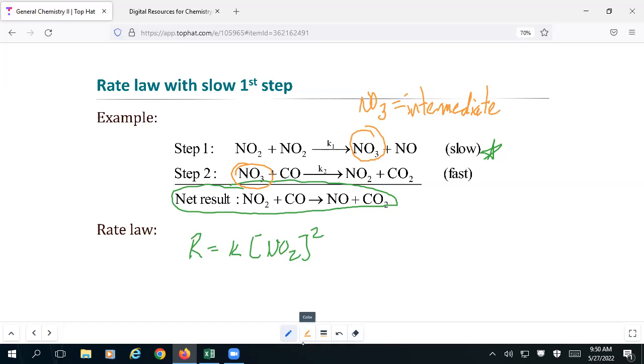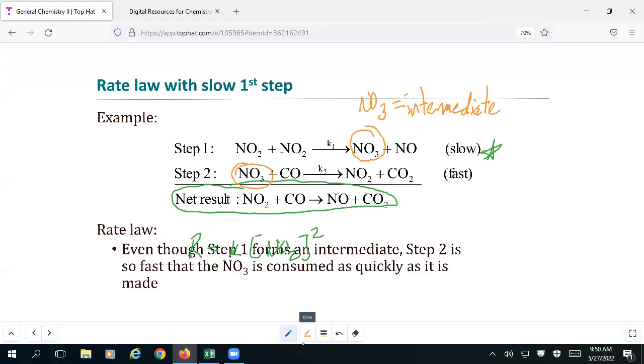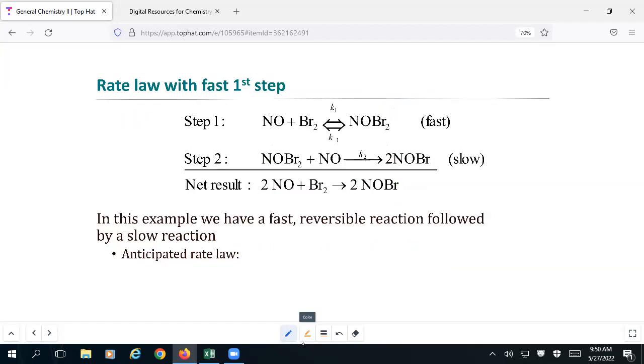So if we have a slow first step, it's very easy to convert that to a rate law. Just take it as it is. What if our first step isn't a slow step? What if it's like this?